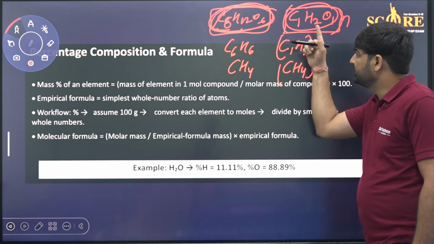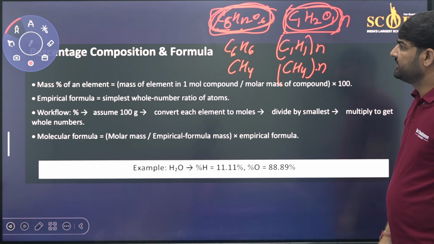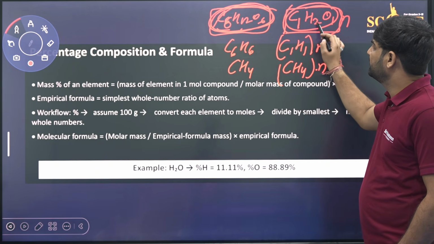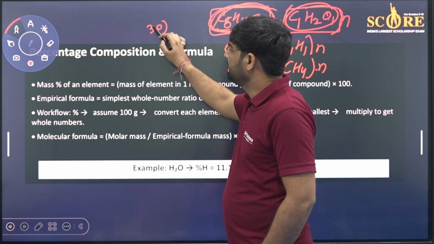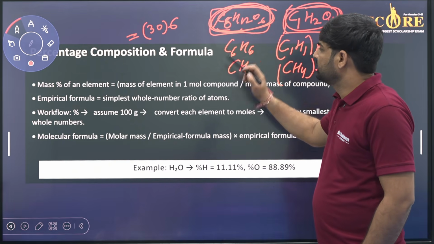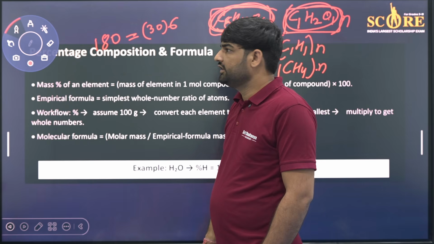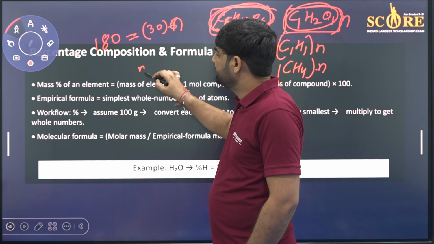What is the mass of the empirical formula in this example? The mass of this empirical formula, carbon 1, hydrogen 2, oxygen 1, will be 30. Multiply by 6, and for glucose it is 180, so this is N, and N will be 6.